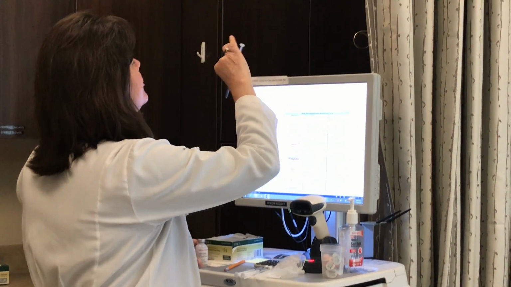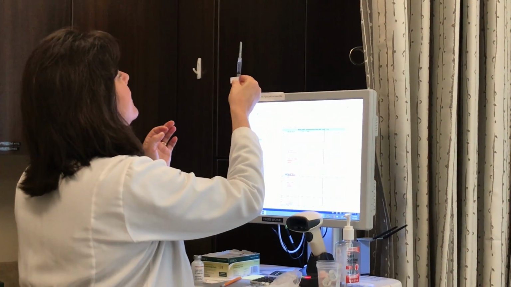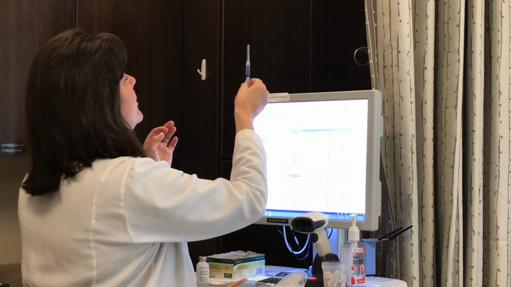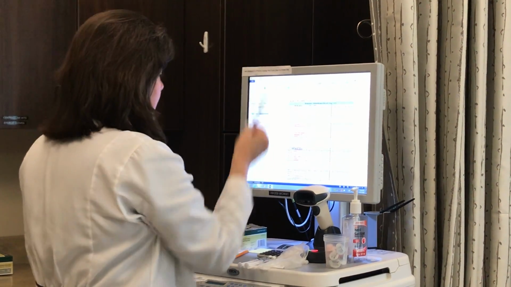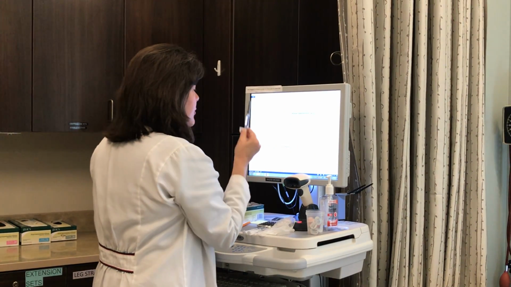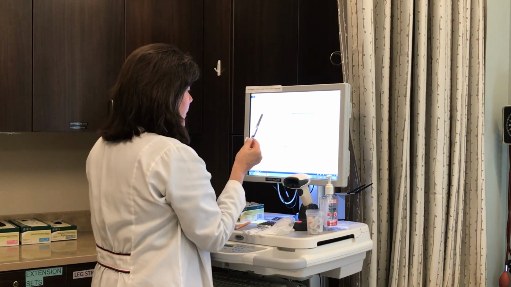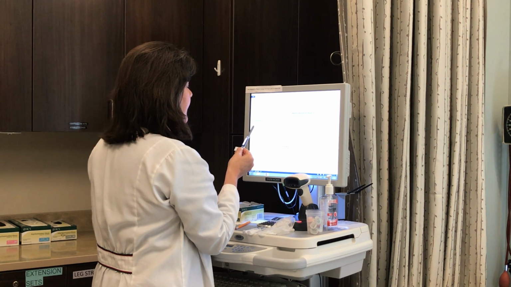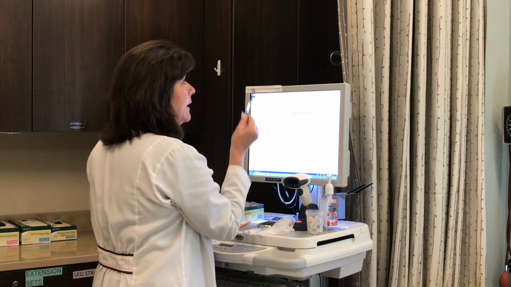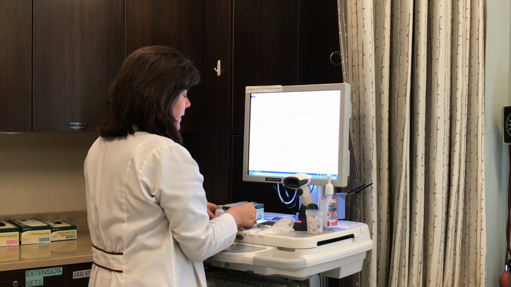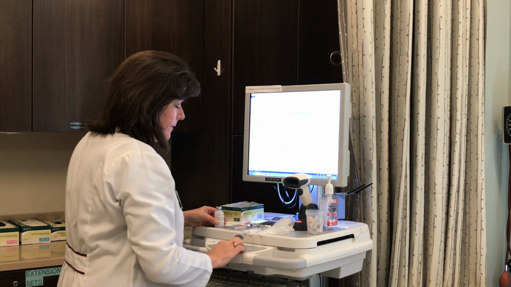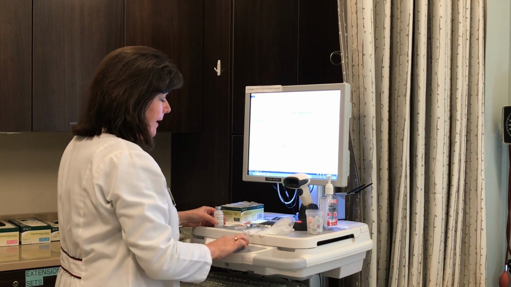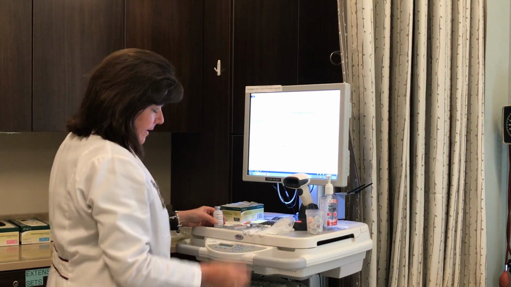And in my syringe, I have 1.6 mLs without any air bubbles. The route is IV push. I'm going to administer this IV push. Frequency is daily, and the time due is 0900, and it is currently 0900. I can put this vial back in my drawer.